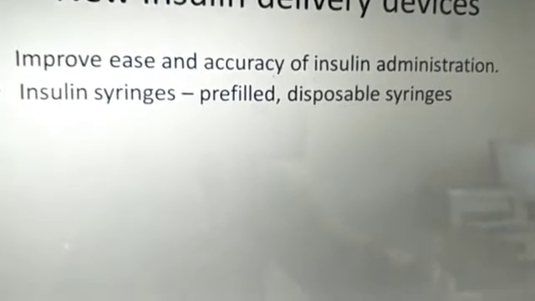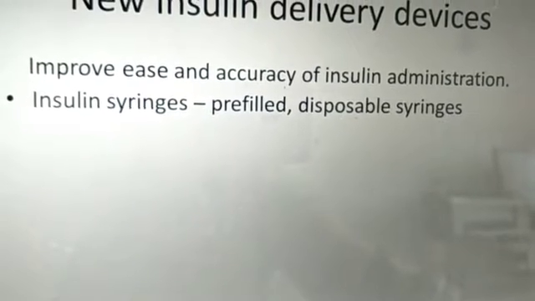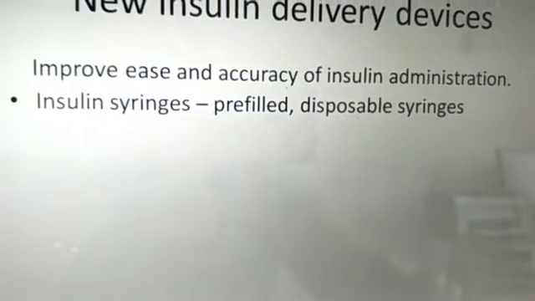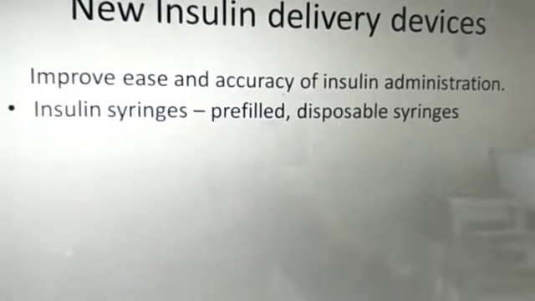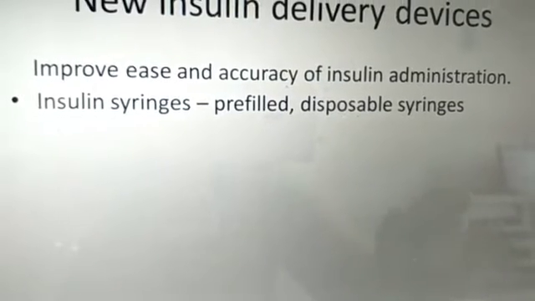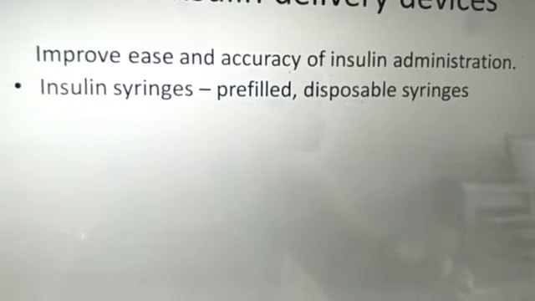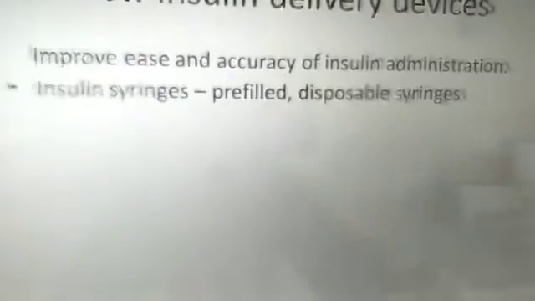So we have insulin syringes, which are pre-filled disposable syringes for subcutaneous injection. They are convenient to use because patient has to carry only this insulin syringe. There is no need to carry the vials, etc. Every time, everywhere, patient need not carry the vials.